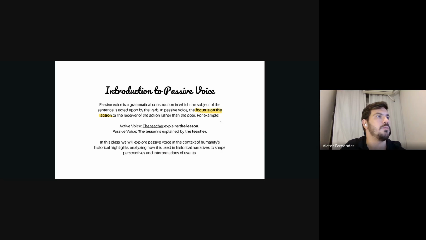So like we were saying before, passive voice is trying to focus on something other than the person who is doing the action in the sentence. Let me read the example here really quick. The teacher explains the lesson, and the lesson is explained by the teacher. So how do we know who is doing the action?